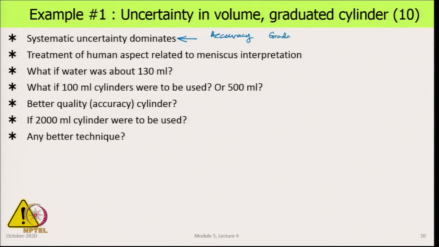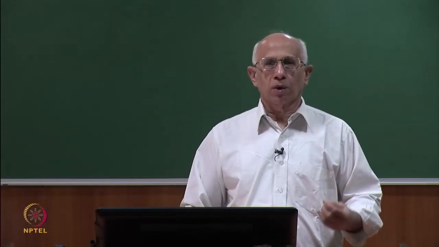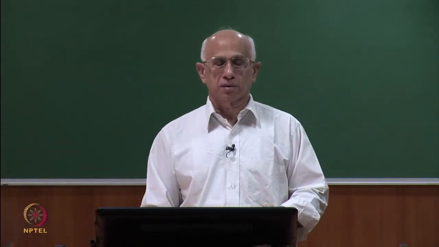Graduation, this was a big issue. So was the ability to read the meniscus. So, it would mean that if you can get another cylinder with finer graduation, your systematic uncertainty will go down and your overall uncertainty in the result will be better.